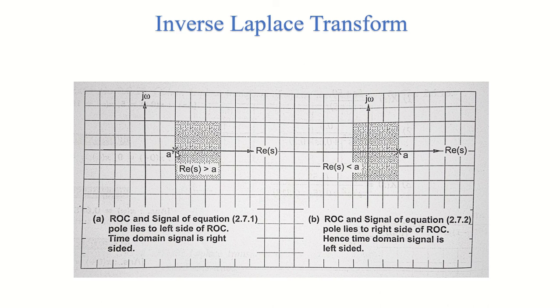And for the other one, in which the region of convergence was s less than a, your pole is lying on the right hand side of your ROC, right? So that is the difference. Whenever your pole lies on the left hand side of your ROC, the time domain signal is right sided, right?